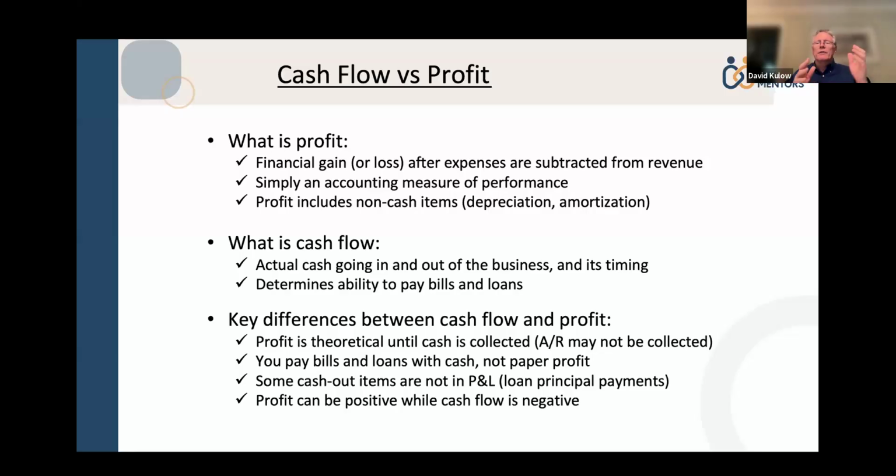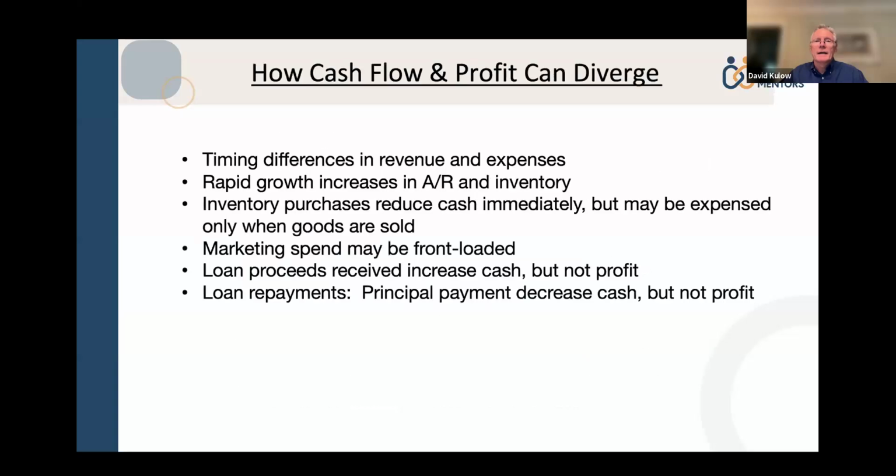It still shows as profitable as a sale, but if you don't collect that cash, you can't use it in your cash flow. So you pay your bills and loans with cash, not paper profit, and some cash out items are not in the P&L. For example, the loan principal payments that I mentioned. So there are situations where profit can be positive, but your cash flow is negative.